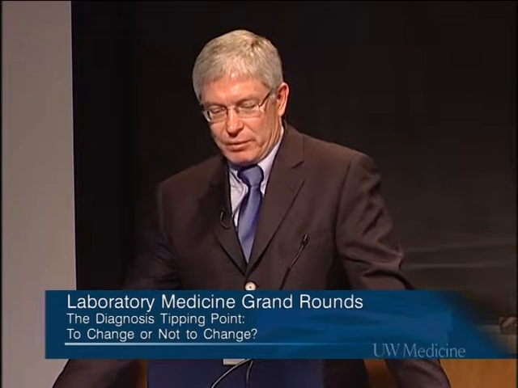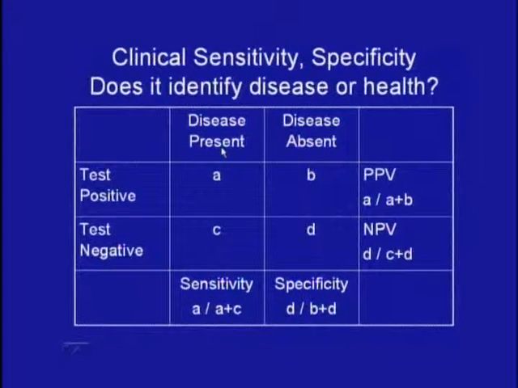And so we're more interested in the positive predictive value. So if you have a positive test, what's the likelihood that you have the disease as compared to having a false positive test, where your test is positive, disease is absent, and you've got a false positive. The more true positives you have relative to false positives, the higher your positive predictive value.